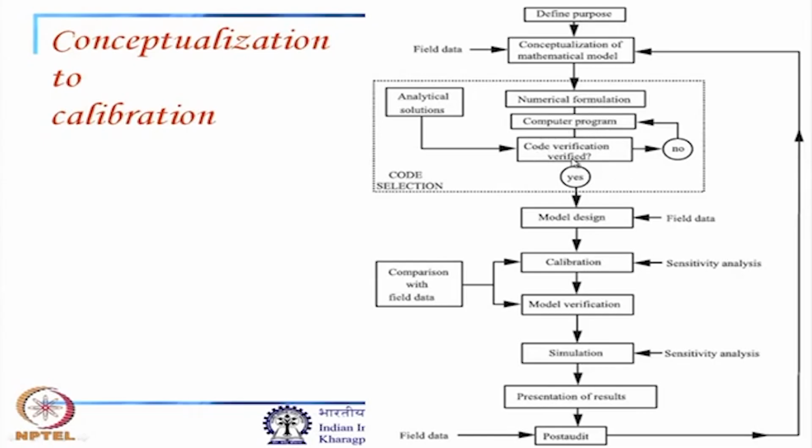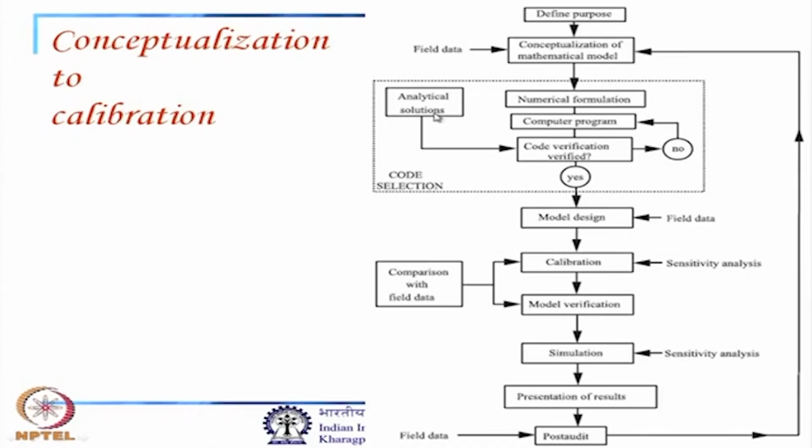Code verification, this part is important because we need to have some kind of verification of the code with existing solutions. So, solutions can be either existing analytical solutions, or existing solutions for a 2-dimensional or 3-dimensional problem.